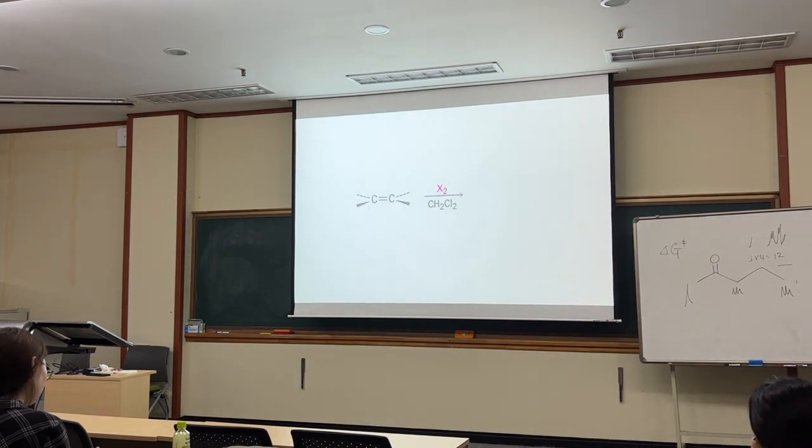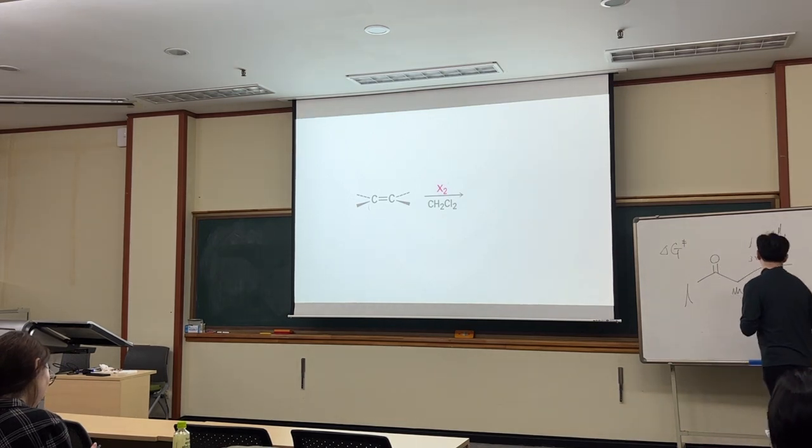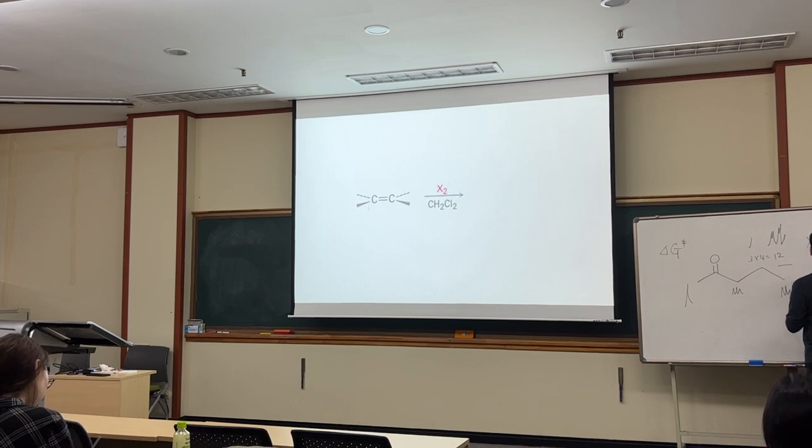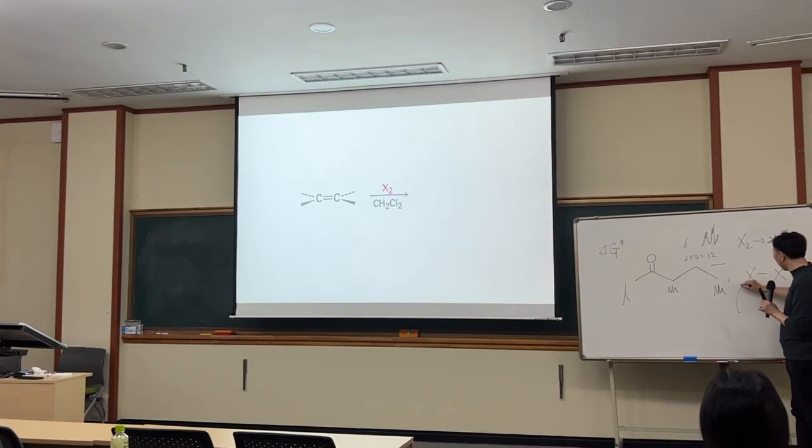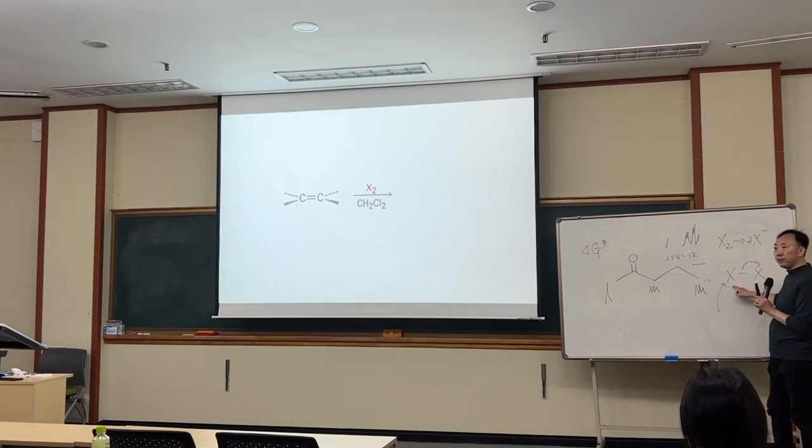Now, if you add halogen, X2, if it's fully ionized, then that should be X minus. But with X2, the extra electron of the alkene can donate to this one first and capture the first one. Then this one behaves like an X plus.